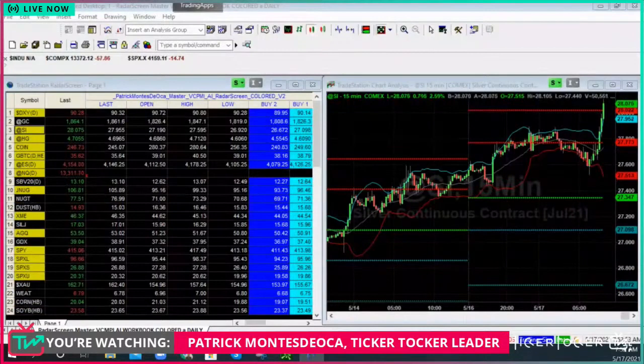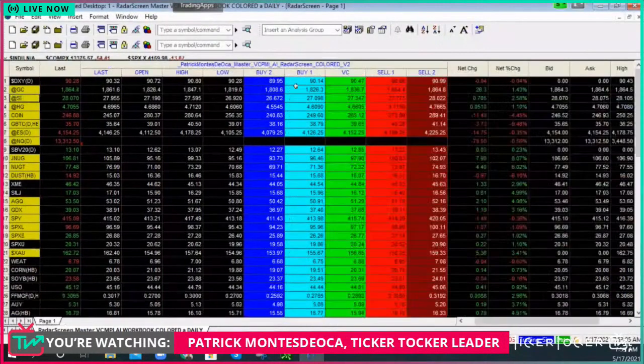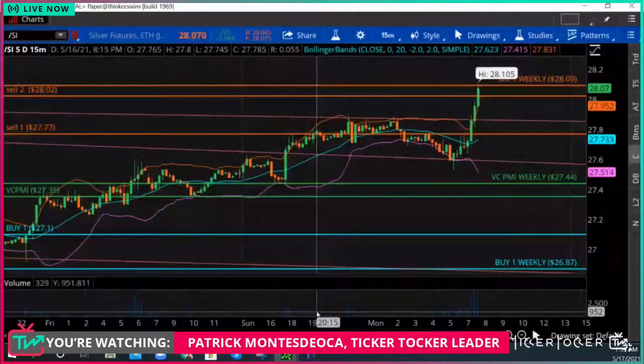2809 trading, 63, 64 in gold. So we're stabbing into these larger targets here, which are completing.